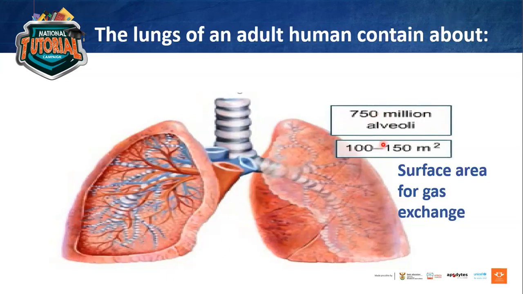Because of those 750 million alveoli, there's a surface area of about 100 to 150 square meters. That's another important requirement for efficient gaseous exchange: there must be a large surface area. So because of the very many alveoli, you get a larger surface area, making for efficient gaseous exchange.